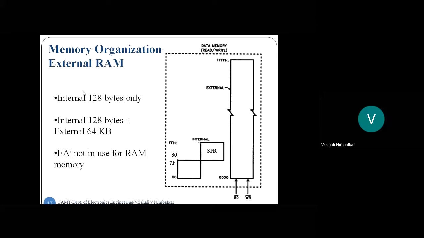Now, what are the options available for connecting external RAM? Okay, RAM memory 128 byte internal, right? So what are the options? Either use only internal 128 byte memory, forget about the external, right? So use either only 128 byte internal or use internal 128 byte plus purely 64 KB external. Correct?